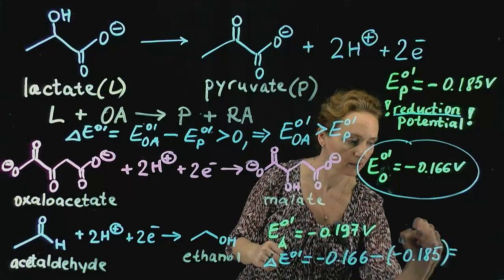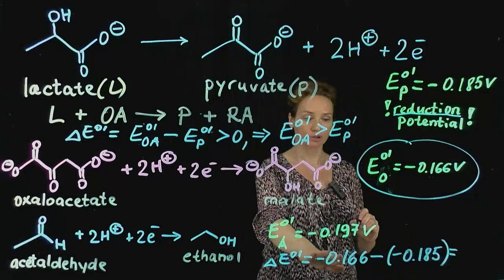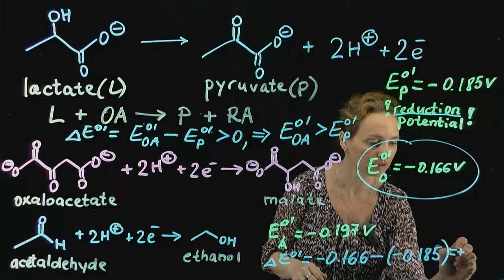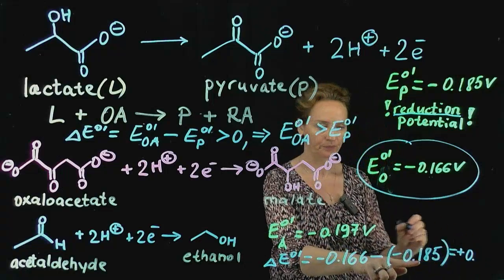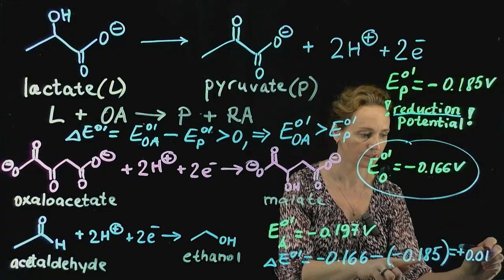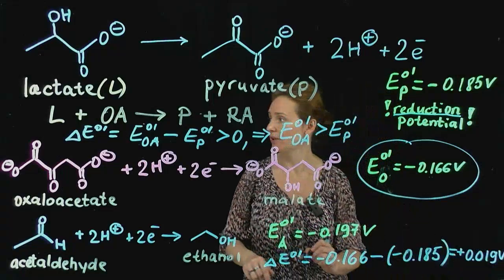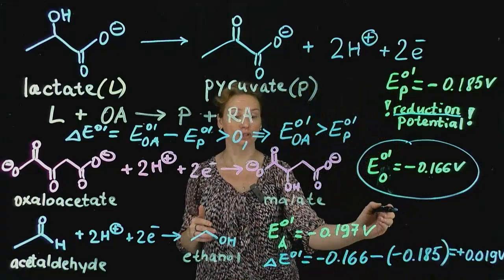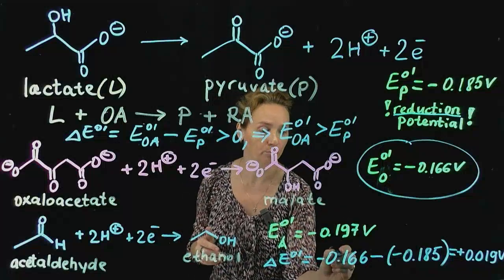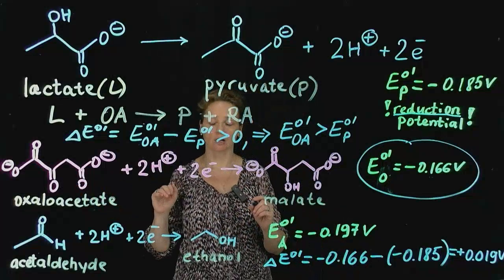This value will be very small, but positive: 0.019 volts, if I correctly did the math. So this value is positive if we are talking about oxaloacetate as an oxidizing agent.